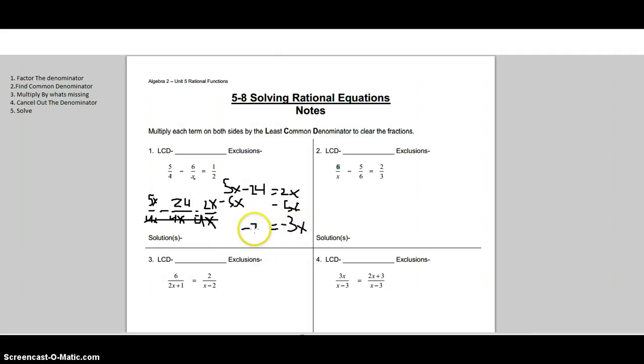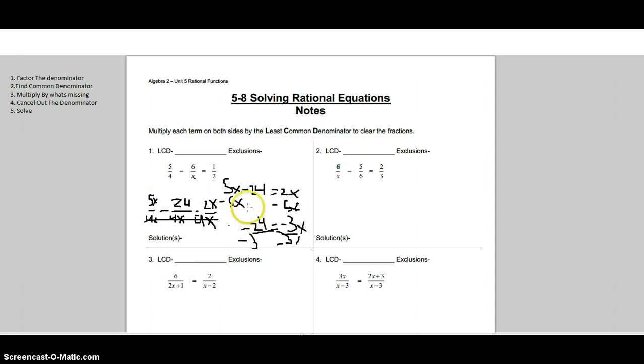So negative 24 equals negative 3x. Also, you want to divide this side by negative 3.